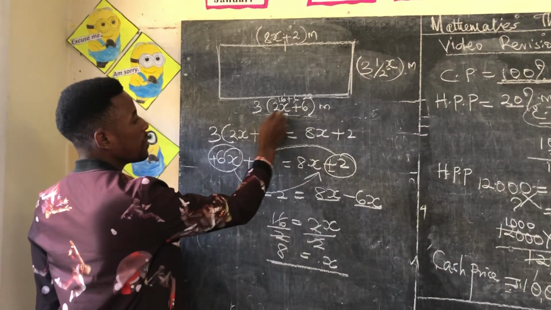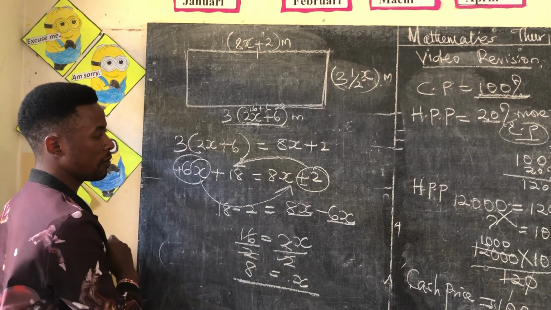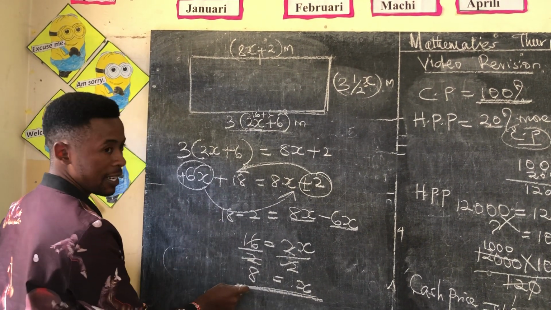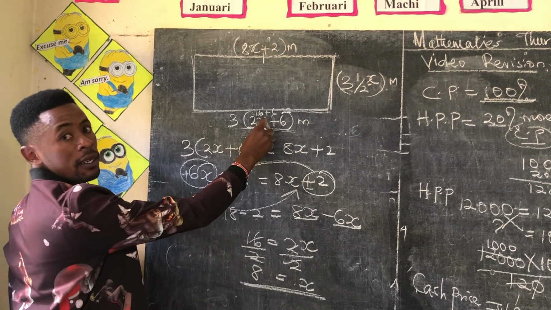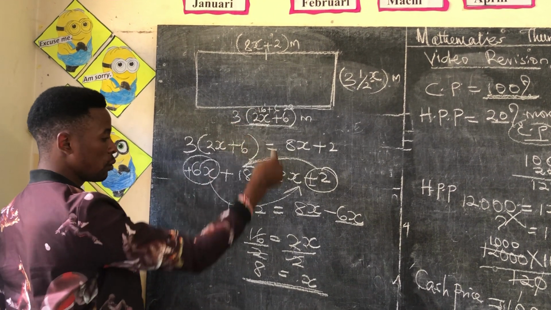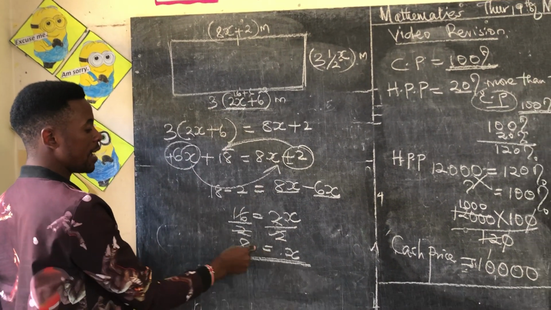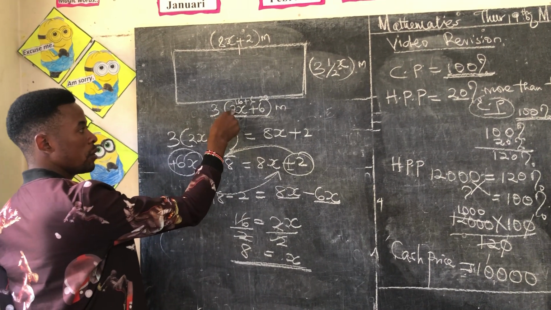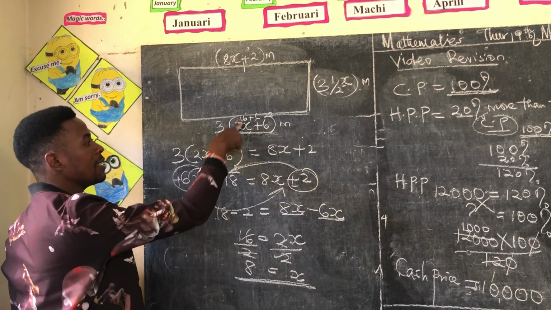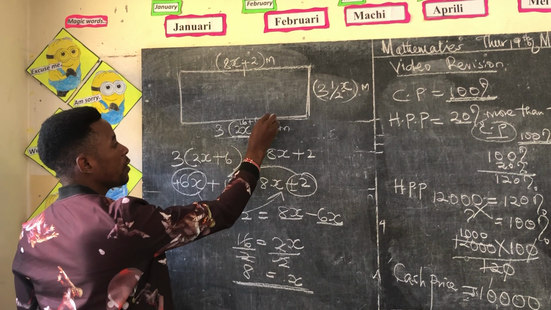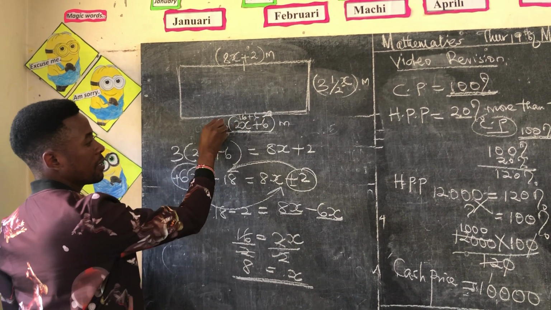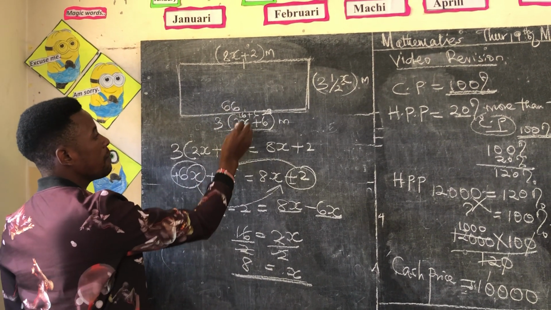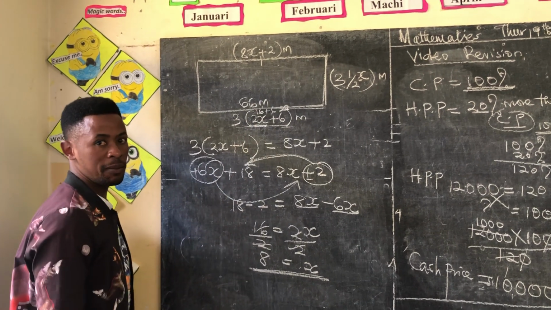We are finding the exact measurement of this side. So the value of x is 8. So 2x will be 16. That is 2 times 8, that is 16. 16 plus 6, that is 22. 22 times 3, that is 66. So the measurement of this side is 66 meters.